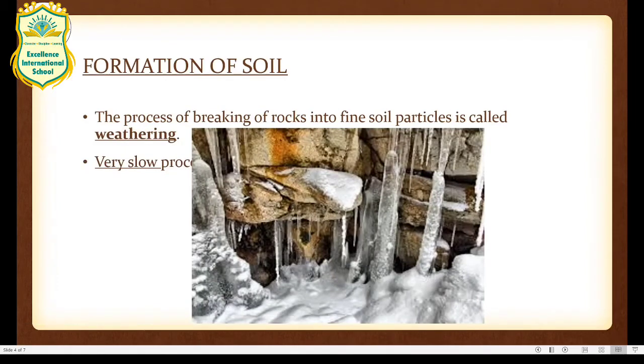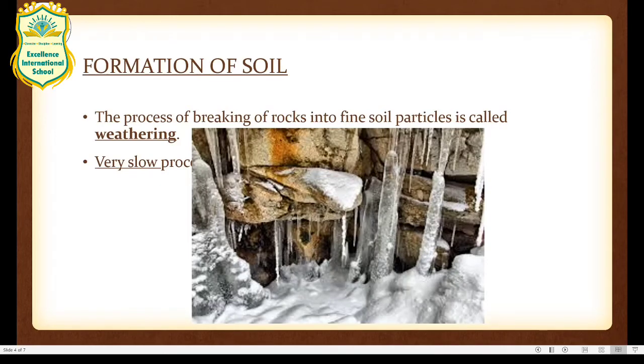And you know that when water gets converted to ice, its volume increases, okay? Water expands. So initially, if you can see, if there's a little amount of water over here and it gets converted to ice, it will require more space, and therefore it will crack the rock a little more.